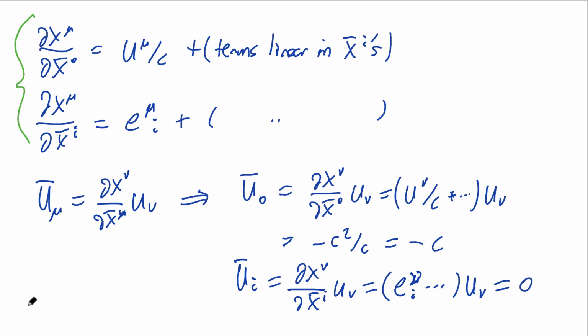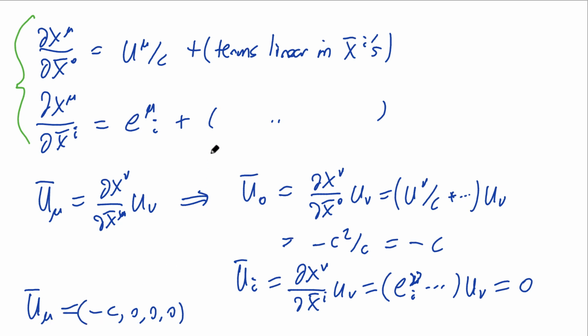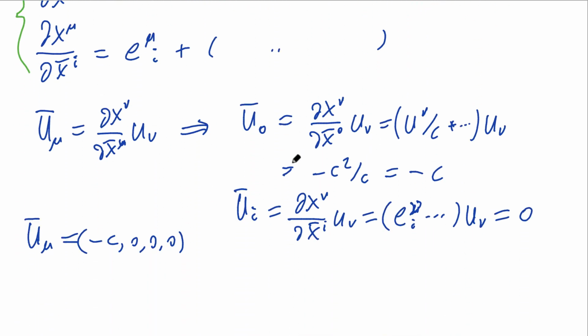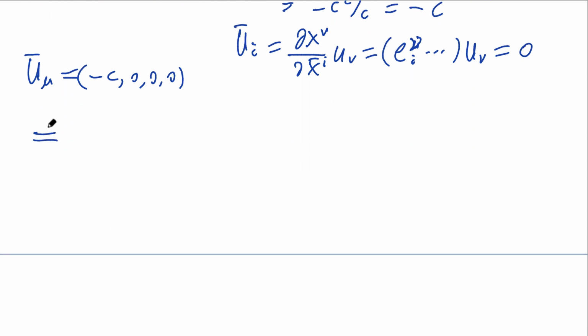So this tells us that in Fermi normal coordinates, the forward velocity with index down is minus c, 0, 0, 0. And now we can raise the index using the metric, which is just eta^mu nu along the world line, and conclude that the forward velocity in Fermi normal coordinates is c, 0, 0, 0.